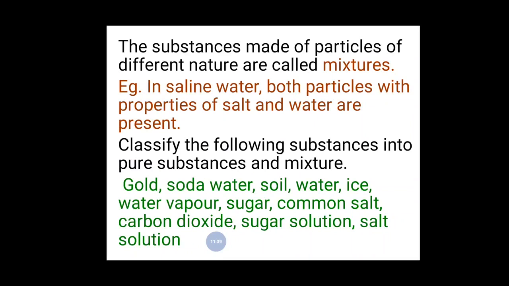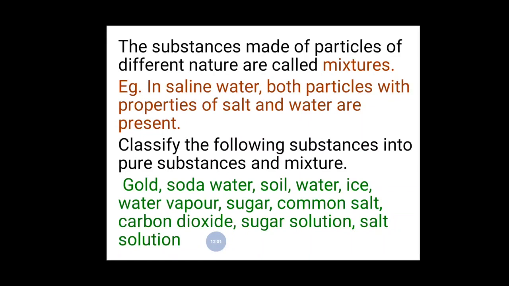So what are mixtures? Substances made of particles of different nature are called mixtures. Okay, I'll tell you an example. By this example, you will get a clear idea about what is a pure substance and what is a mixture. In saline water, what is saline water? Salt water. Both particles with properties of salt and water are present, right? If you take water, it has only one property, identical properties.